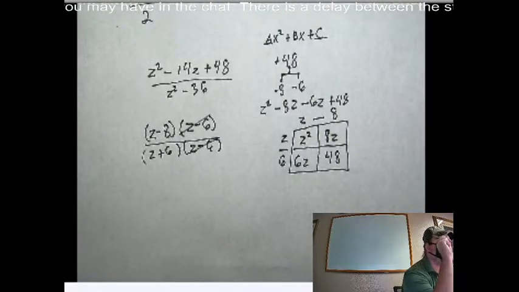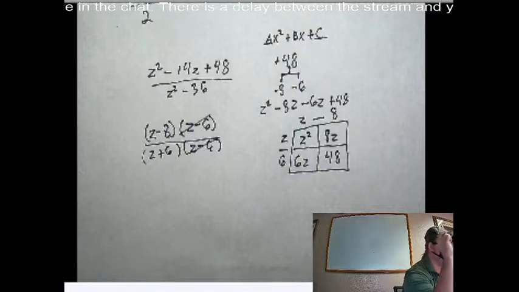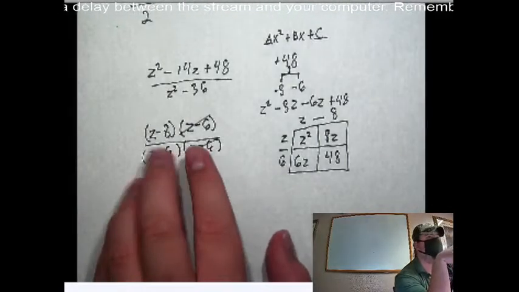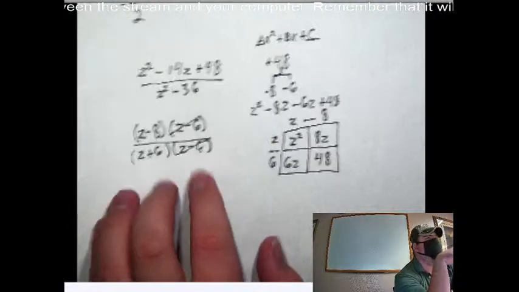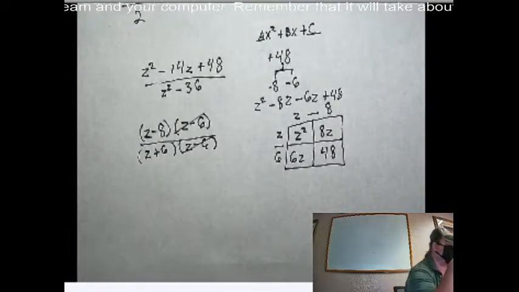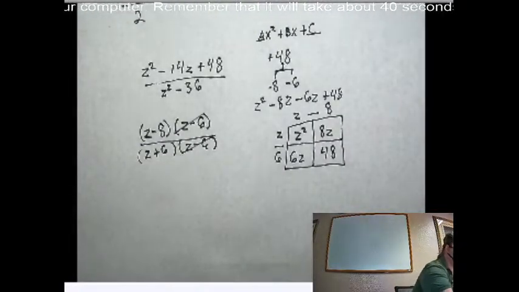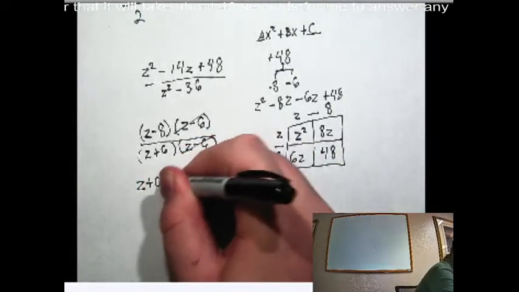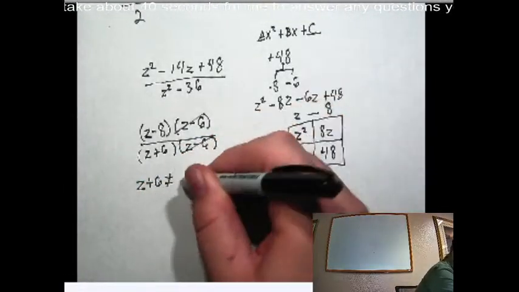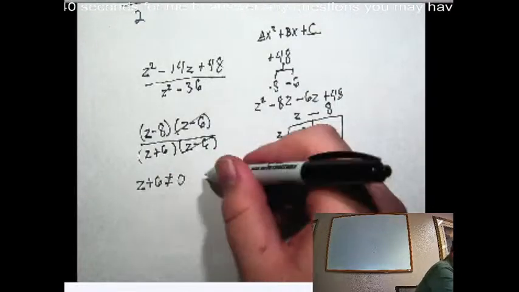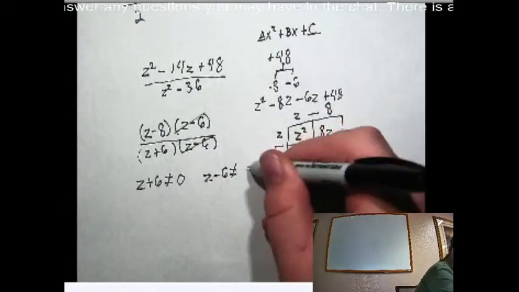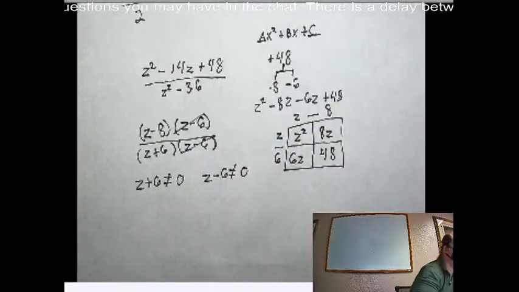Now again, in a rational expression, the only place that you're going to get an excluded value is if the bottom becomes 0. So there's 2 places that it could become 0. Z plus 6 can't be 0, and z minus 6 can't be 0.